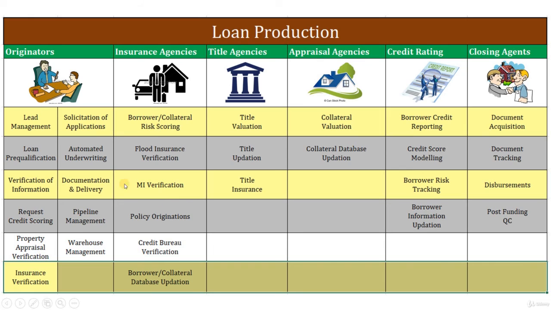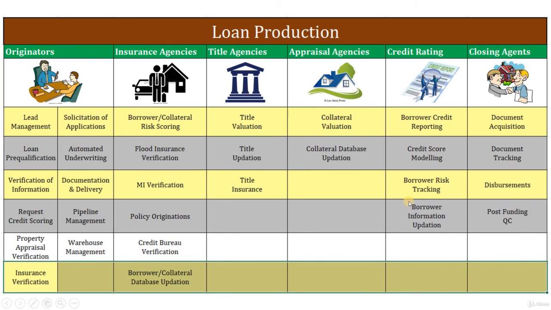Insurance agencies help the lenders perform risk scoring of the borrower, and mortgage insurance verification is done by the insurance agencies. Title agencies make sure of the title valuation, that the property being sold belongs to that person.